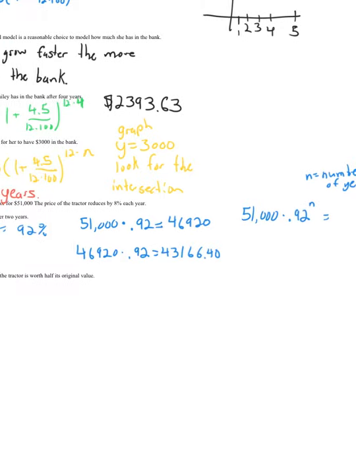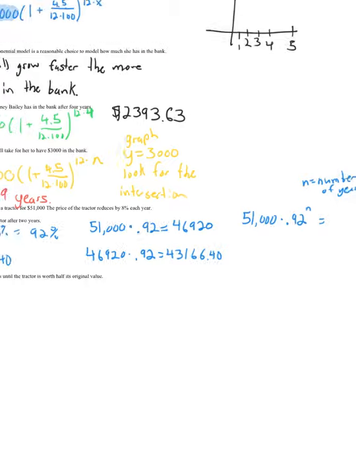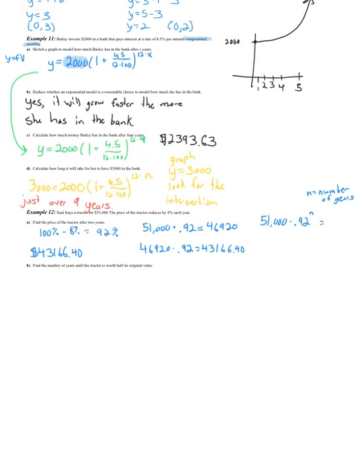But if you don't remember that exponential type of equation, what I would recommend is just do year 1, year 2, year 3, year 4, as many years as you need to do. It would take a little longer that way, but you could also do 51,000 times 0.92 to the second power, and you'll get the same answer. Okay?